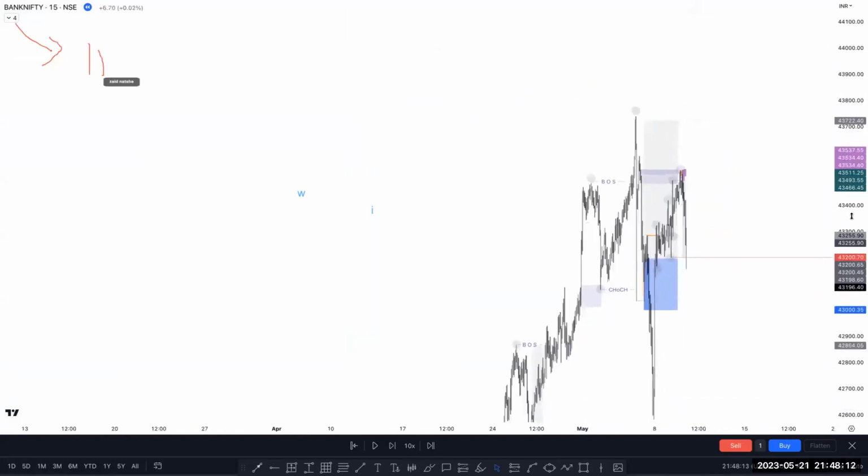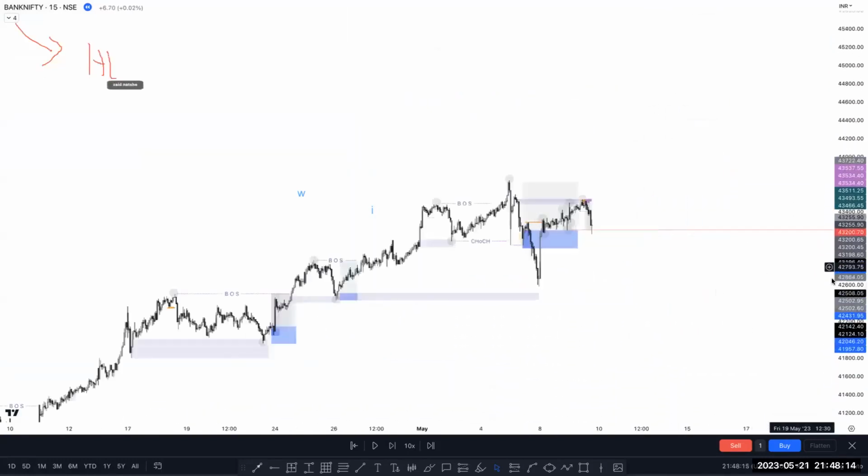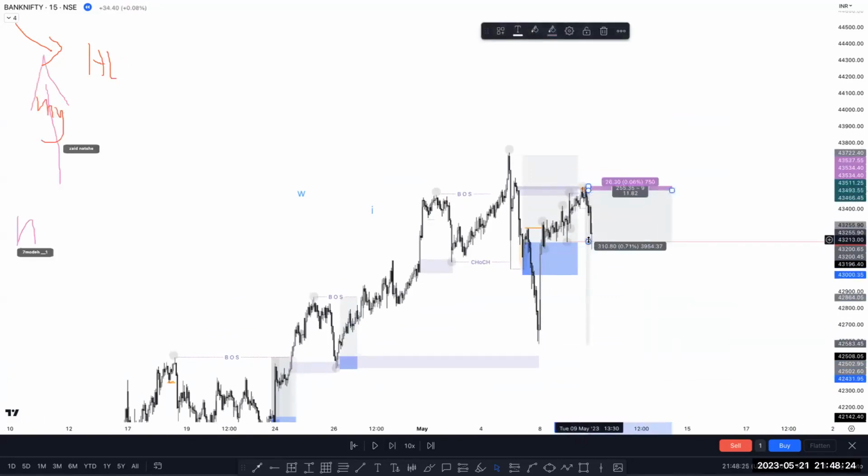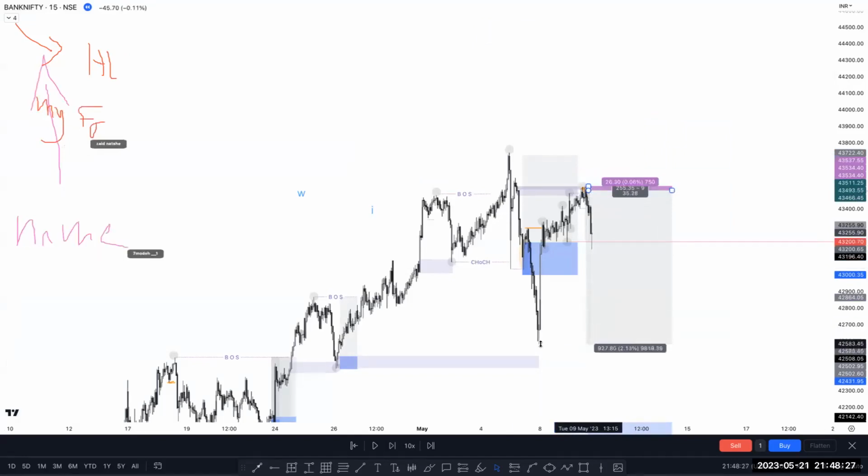Yes, sir. You can also set a major target here also, this one. This is a major low here. If you wish, you can set a 2 hour target. This one is also a place you can set target.